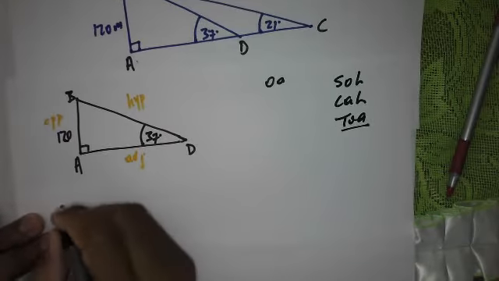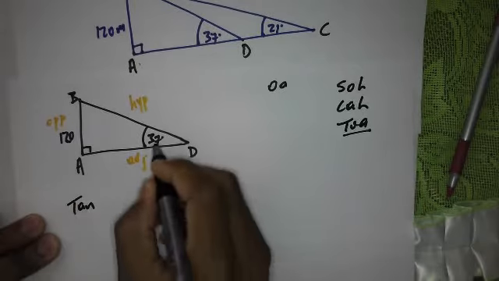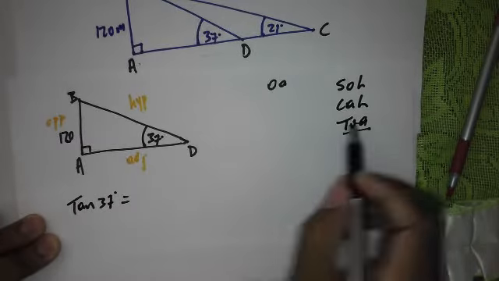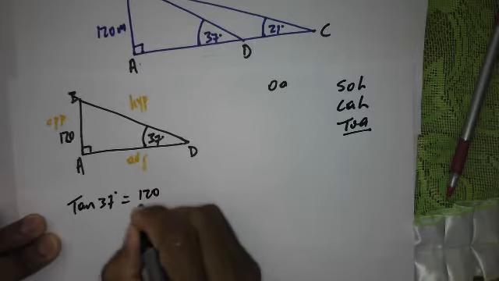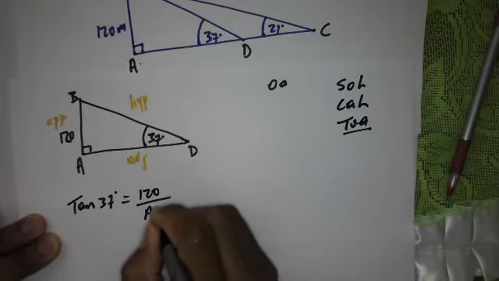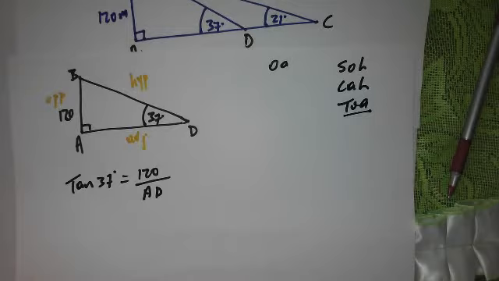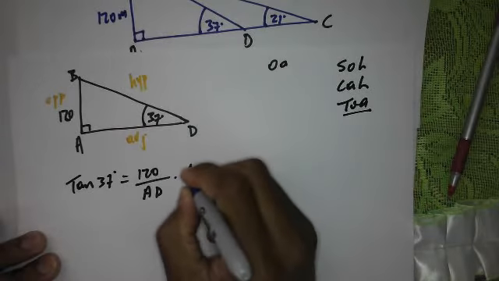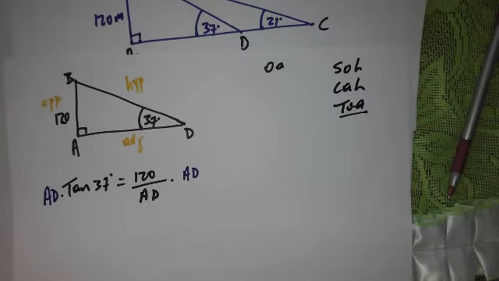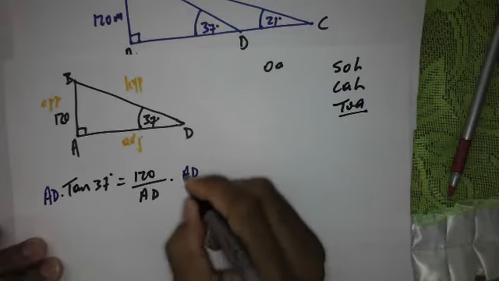So I would find tan of this angle, which is 37 degrees, equals opposite, which is 120, divided by adjacent, which I'm going to call AD. I want to get rid of the AD from the denominator, so I multiply both sides by AD. These would cancel.